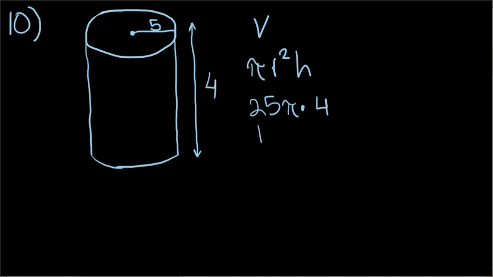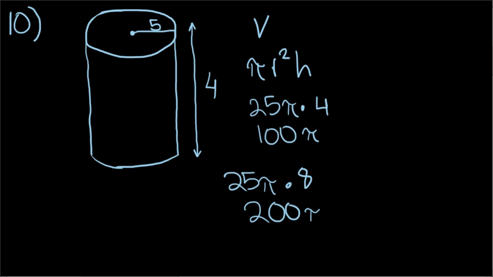So 100 pi. If we were to increase the height to 8, then that would be 25 pi times 8, which would be 200 pi. In terms of 100 pi, 200 pi is 2 times more.